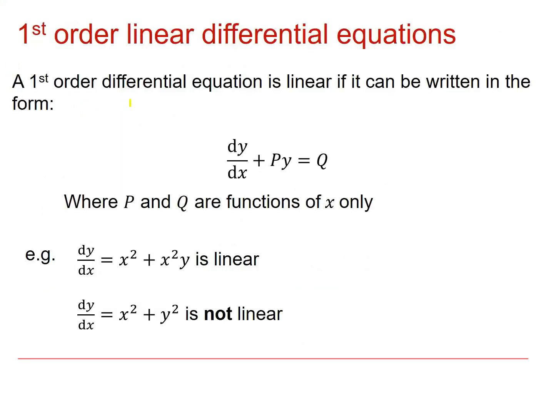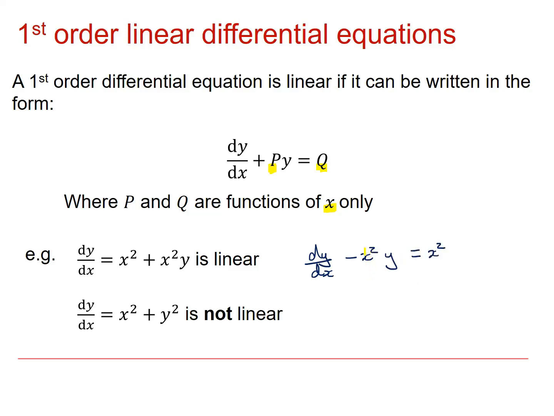So a first order differential equation is linear if it can be written in this form: dy/dx plus py is equal to q, where p and q are both functions of x only. If we look at this example here, I can rewrite this as dy/dx minus x squared y is equal to x squared.